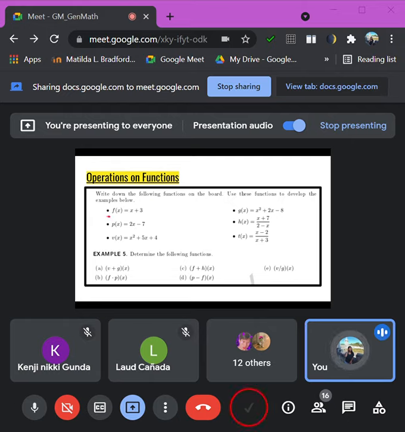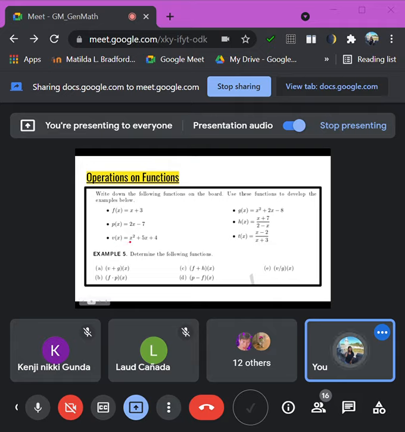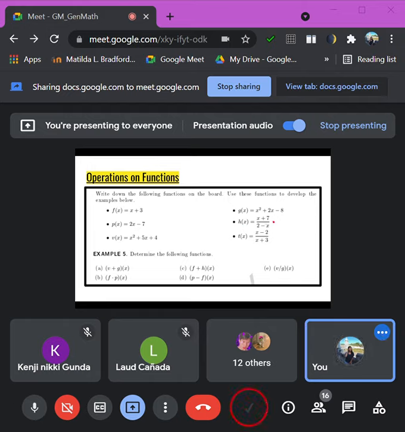We have f of x is equals to x plus 3, p of x is equals to 2x minus 7, v of x is equals to x squared plus 5x plus 4, and then we have g of x, x squared plus 2x minus 8, h of x, that is x plus 7 over 2 minus x. t of x is equals to x minus 2 over x plus 3.